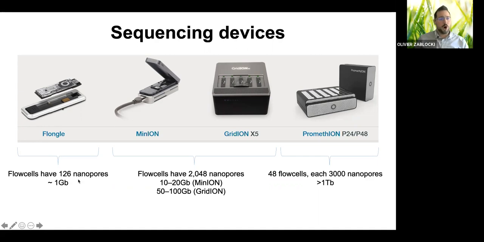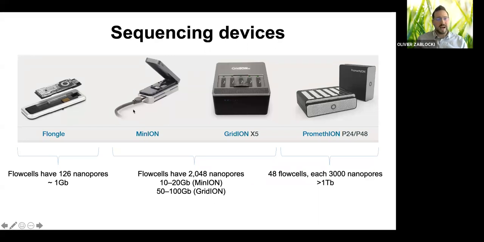And this has 126 nanopores and can generate about 1 gigabase of data. It is mostly used as a quality control device, or if you want to quickly check the sequence of a DNA in your sample, it is relatively cheap, and you can get fast turnaround real-time sequencing with that.